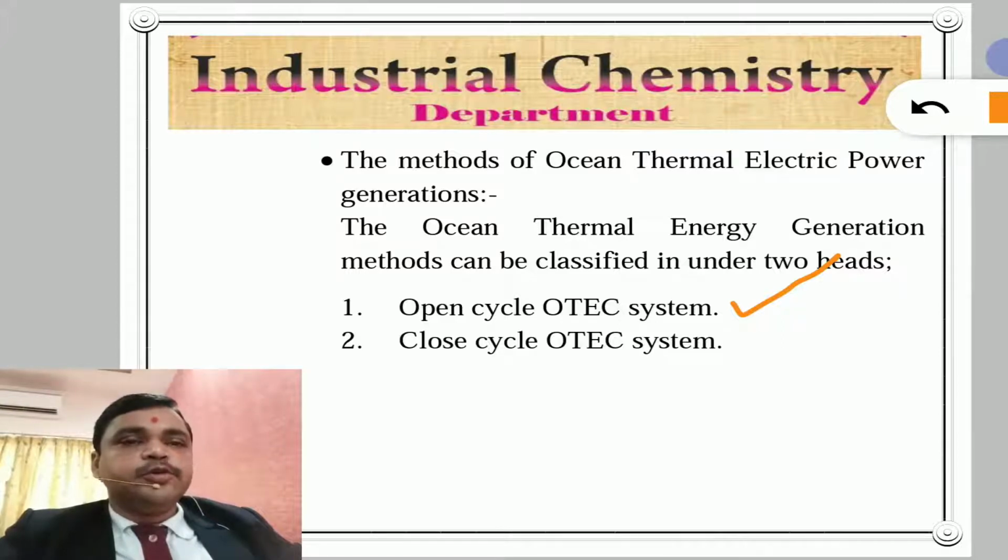And number two, closed cycle OTEC, the closed cycle ocean thermal energy conversion system. So we have two developed methods for the use of ocean thermal energy. Number one, I repeat, open cycle OTEC system, and second, closed cycle OTEC system.